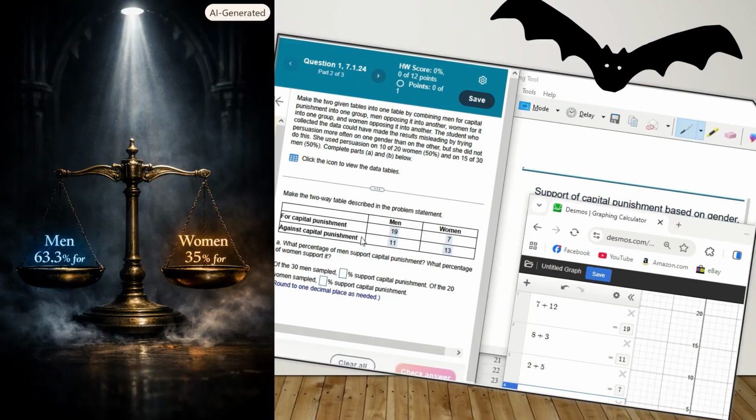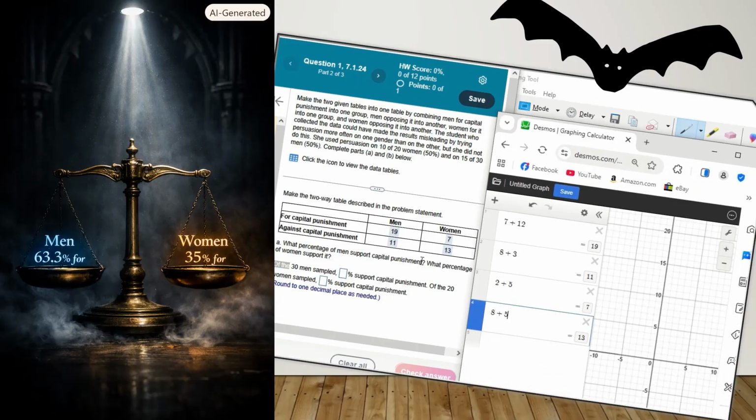So now, of the 30 men sampled, so we're only talking about men, see this? Of the 30 men, what percentage supported capital punishment? What we're talking about here, we already know that it's out of the 30 men.